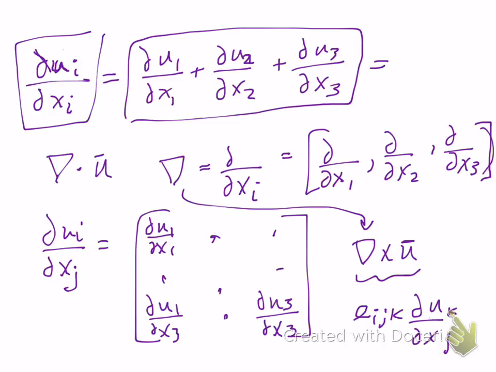The reason that I put the k and the j there instead of the i is because of how we write this out again: EIJK duk dxj.